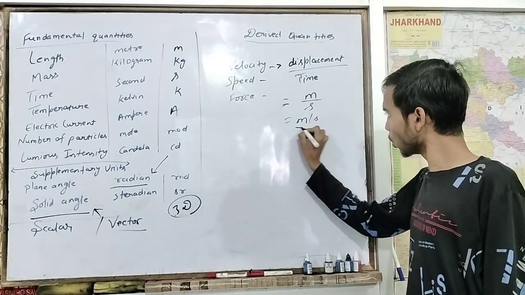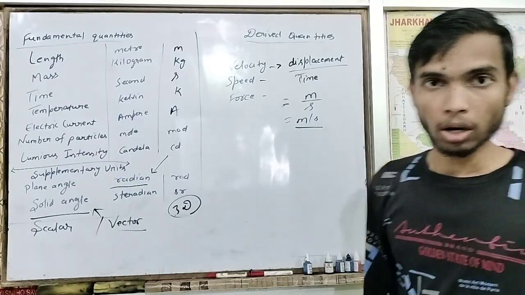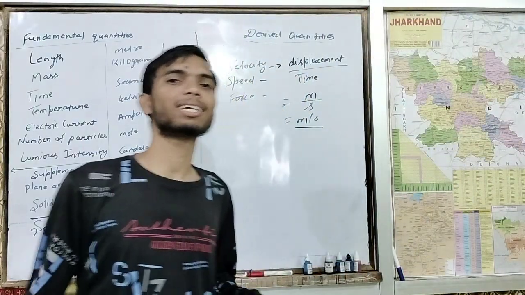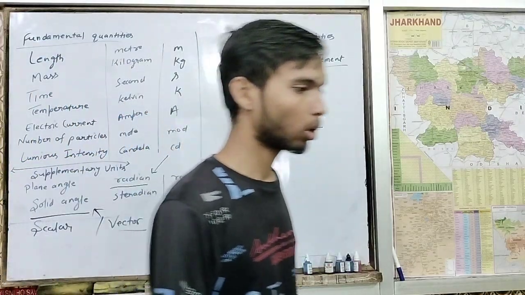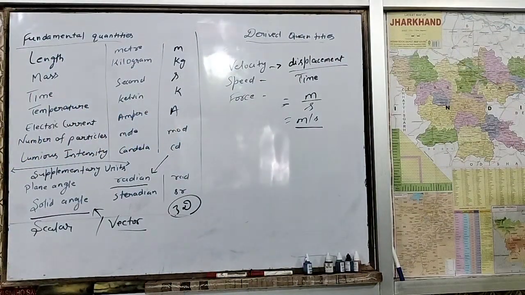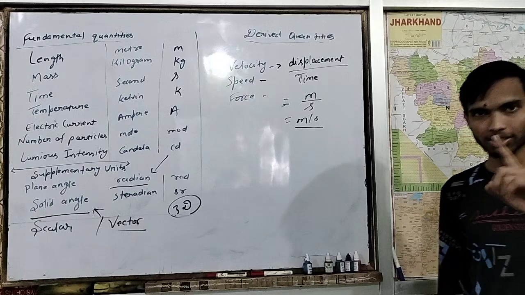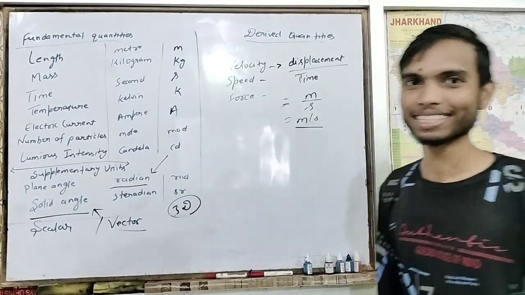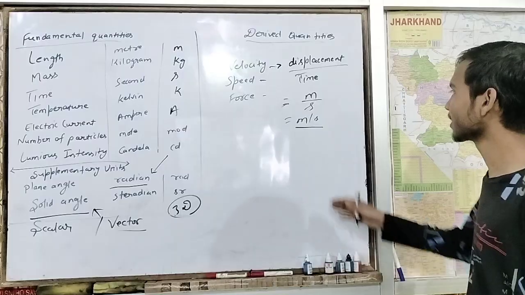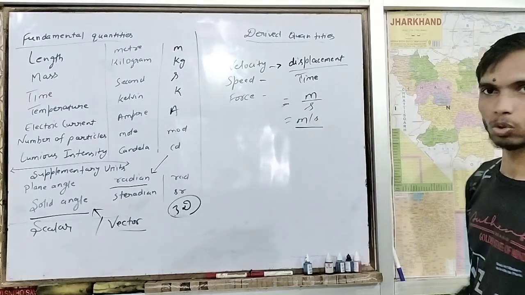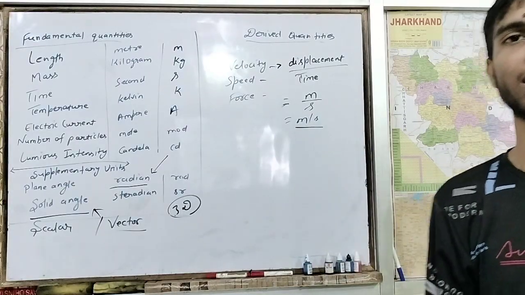Now look here. Not only one quantity is coming, but also one more quantity. More than one quantity is coming, then it is a derived quantity. Meter is one quantity, second is another.